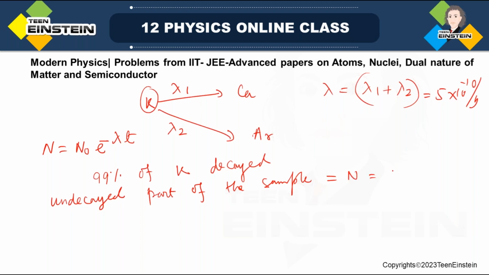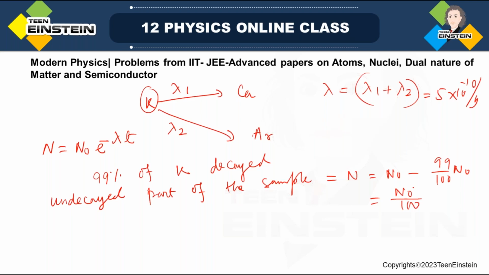N is equal to N0 minus 99 by 100 into N0. That means it is N0 by 100. So this is given.